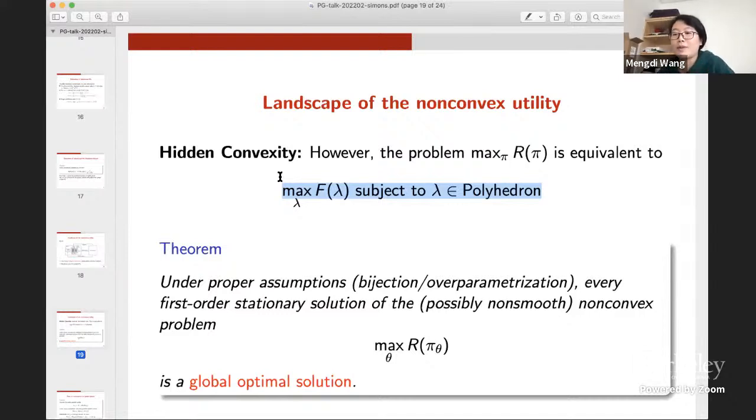As long as my policy parameterization doesn't change this particular hidden convexity structure, then we can actually show that as long as we can find a stationary solution in the policy parameter theta space, that solution is going to be globally optimal for the entire policy optimization problem.